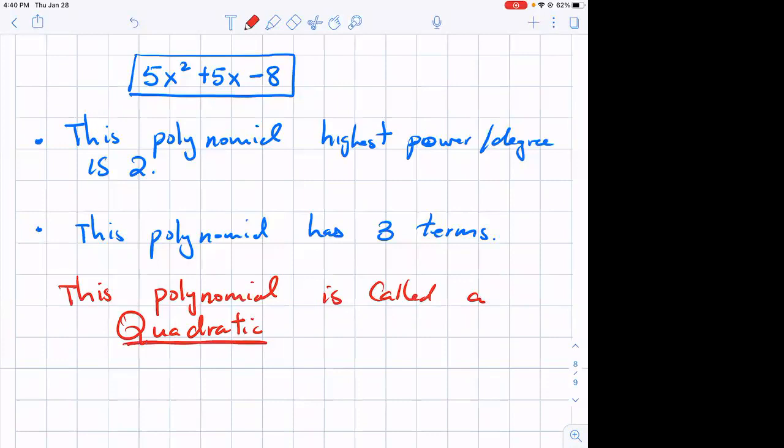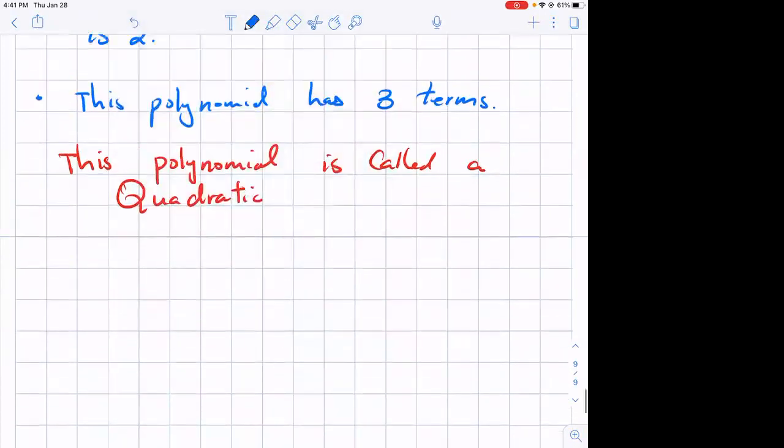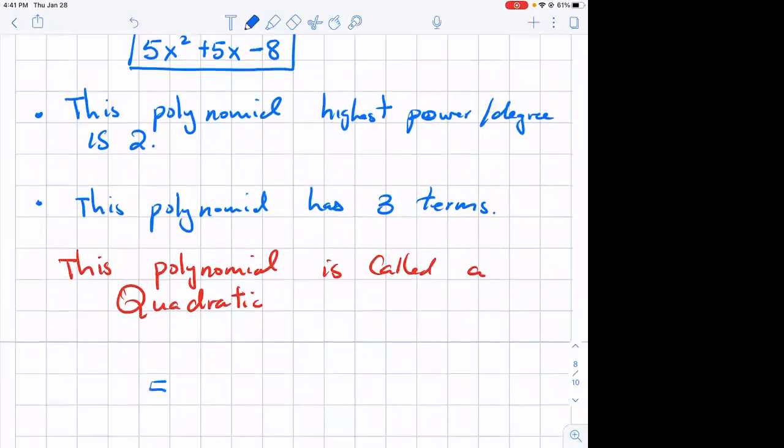Quadratic because the highest power is 2, followed by a power of 1, followed by a power of x to the 0. It's quadratic because we had 5x squared plus 5x minus 8.